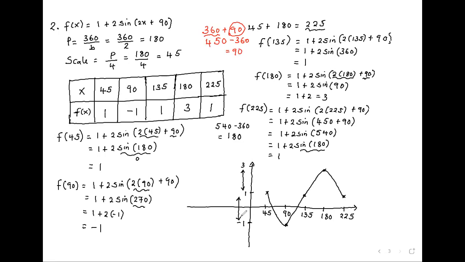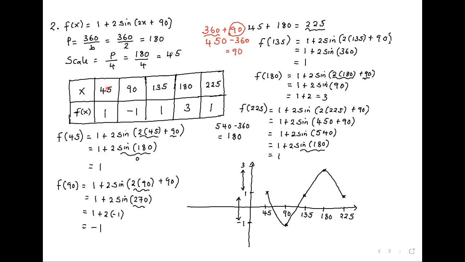This means that for you to sketch without any difficulties, you must get back and understand the special angles, because we are using the special angles here. What have we done? We got the period 180, that is 360 over b, where b is the coefficient of x. Then we broke it in 4 pieces. 180 divided by 4, we got 45.